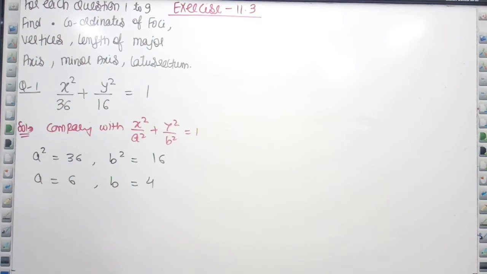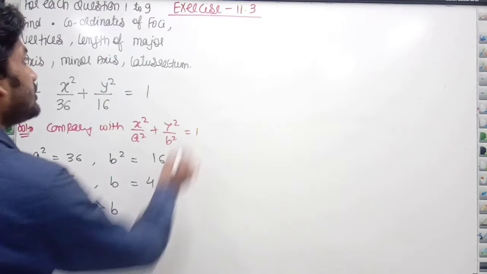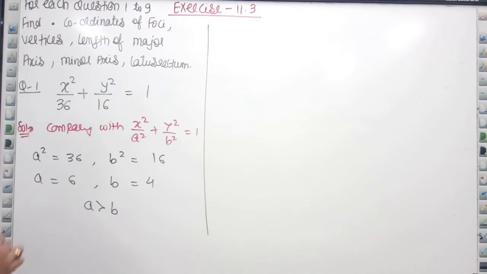Then I check which is greater: a is greater than b. After finding the values of a and b and identifying which is greater, I will find the value of e, the eccentricity.